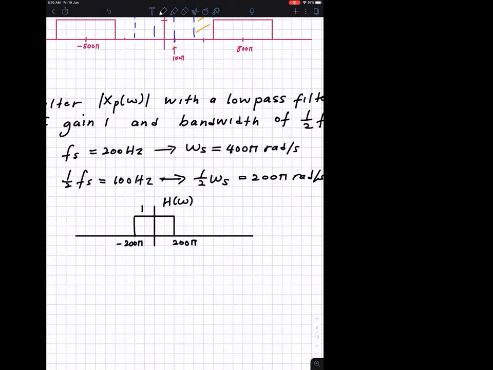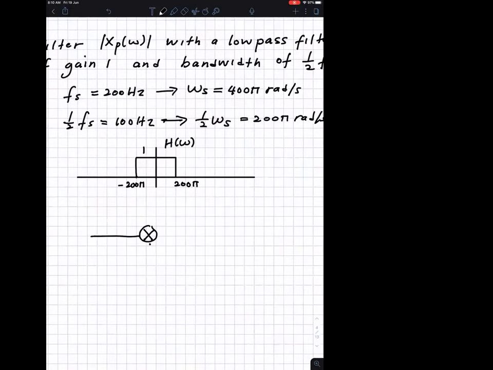Let me redraw this sampling scheme. We had a signal x(t) coming in, and it was sampled by p(t), the pulse train. The output was xp(t). Now this output is going to pass through this low pass filter, called LPF.